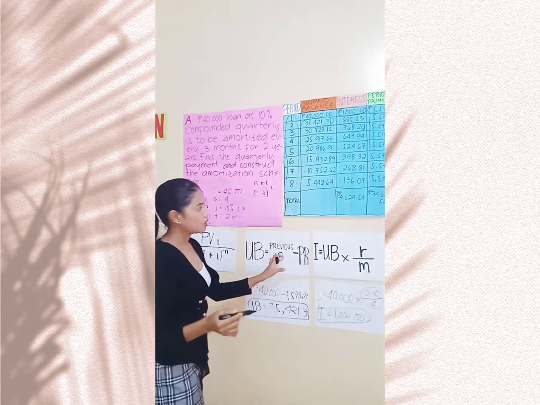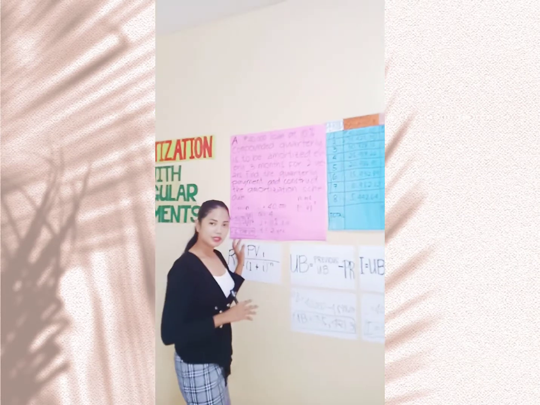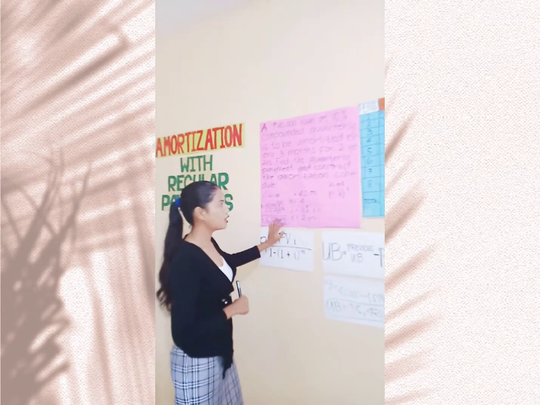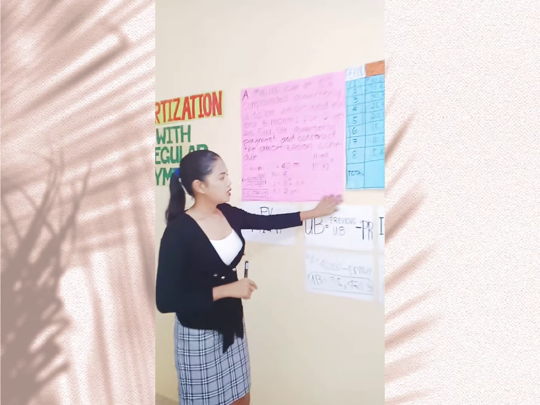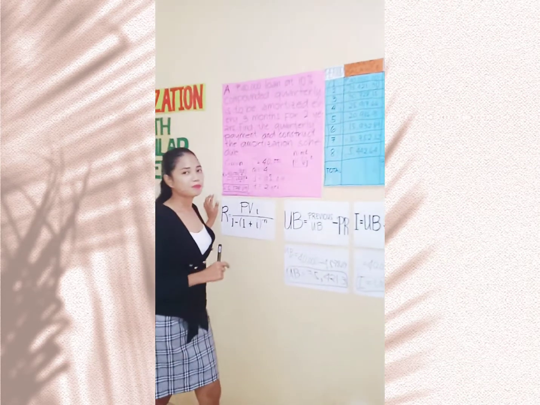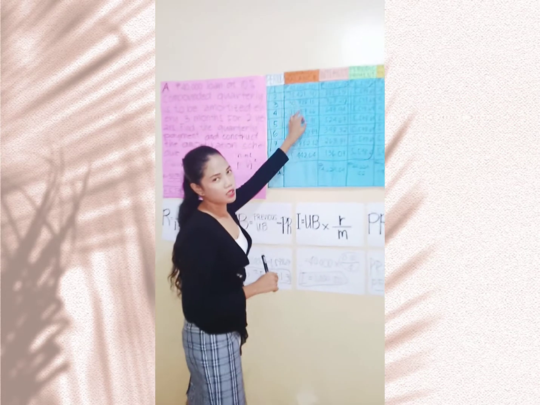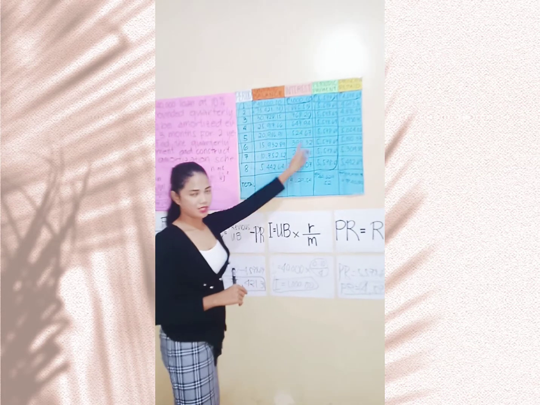So noticeably, in this example of a loan, when the payment is paid by amortization, as the principal gradually reduces, the interest also decreases.